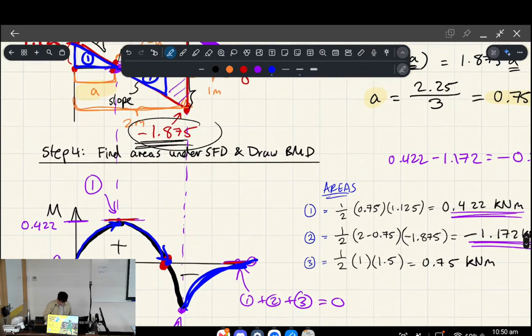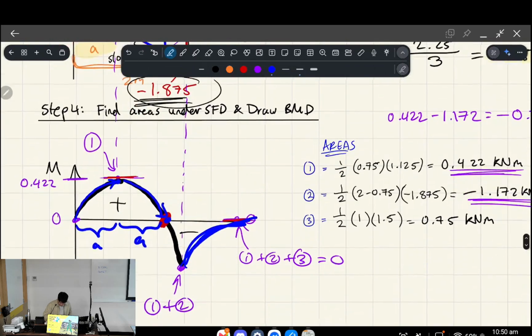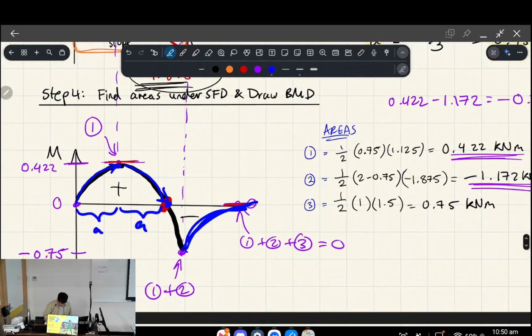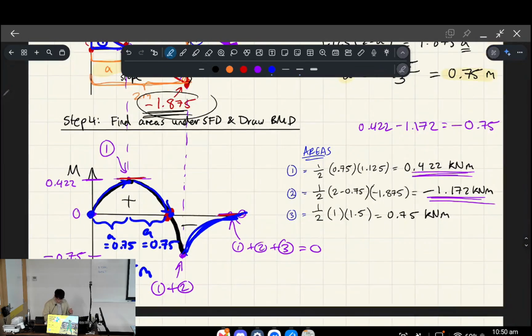So in other words, if we travel A and then A again, we get the distance we're looking for. So A is 0.75, and B is 1.5 meters. That's what I'm trying to say. So B is just the distance from the left end of the beam to the point where the moment is 0.